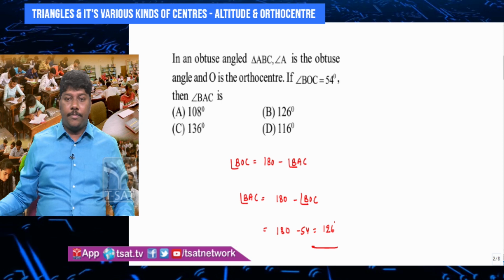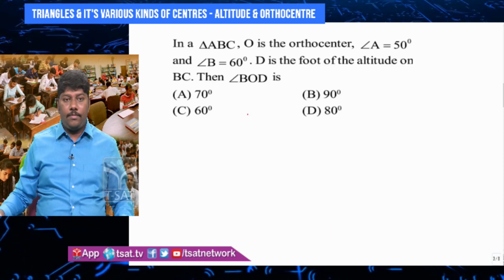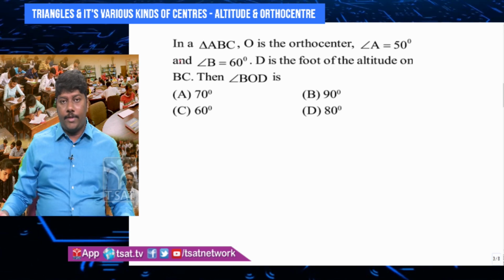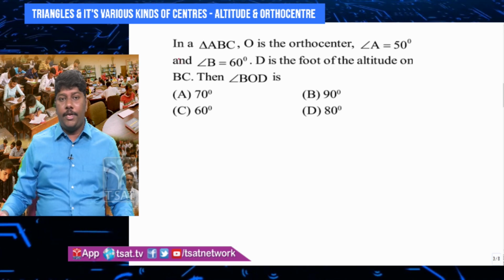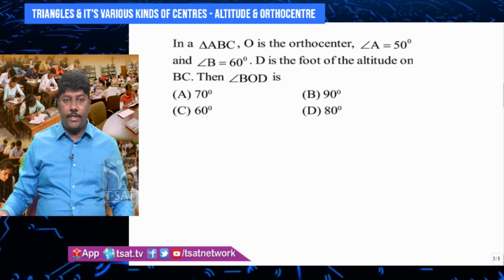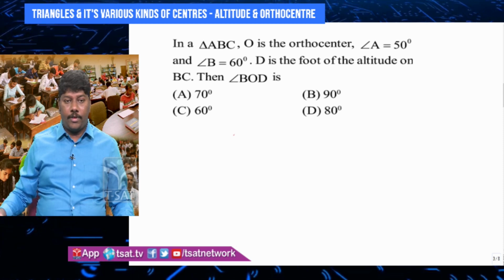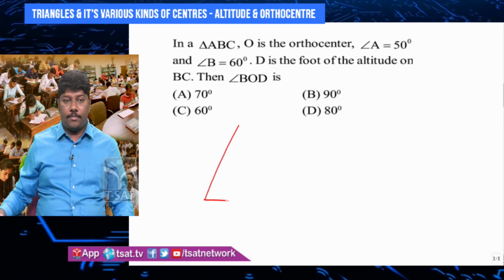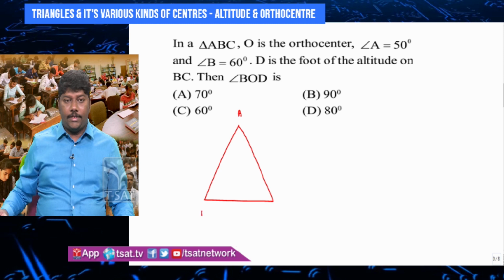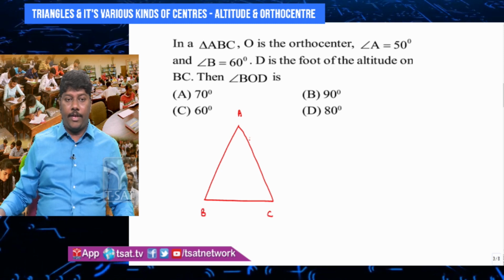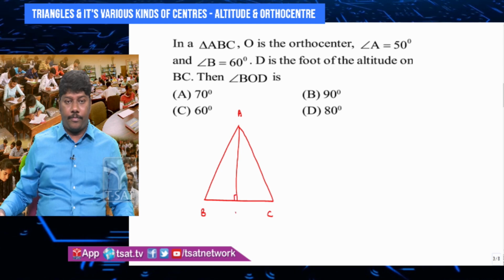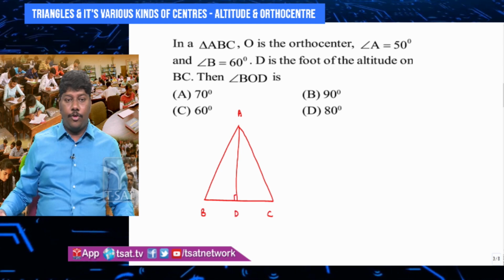Look at the next question. In a triangle ABC, O is the orthocenter, angle A is equal to 50, angle B is equal to 60, D is the foot of the altitude on BC, then BOD. See here, D is the foot of the perpendicular on BC. It's asking you BOD.